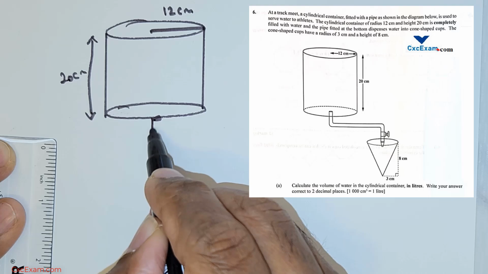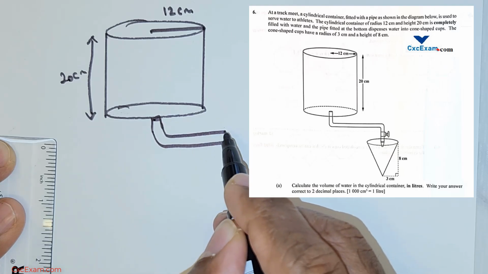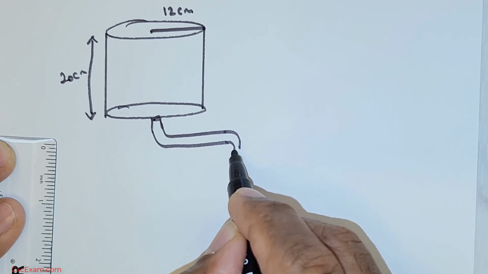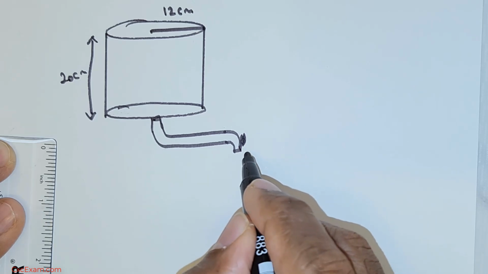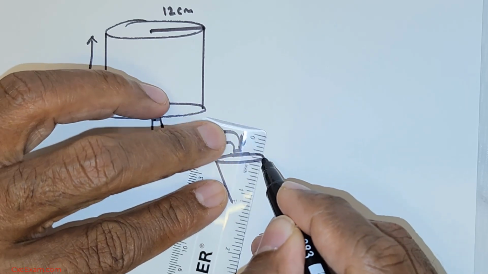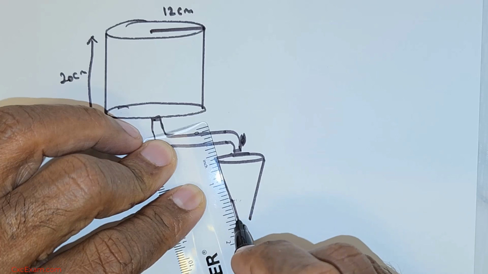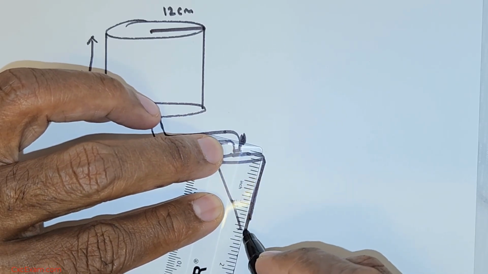Now from here there is a pipe which is actually leading on to a cone, right? This can be used to collect the water and drink.